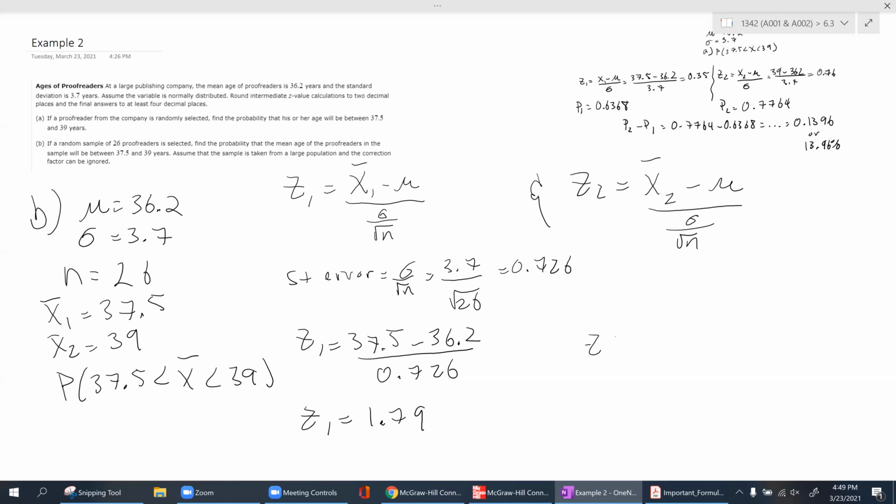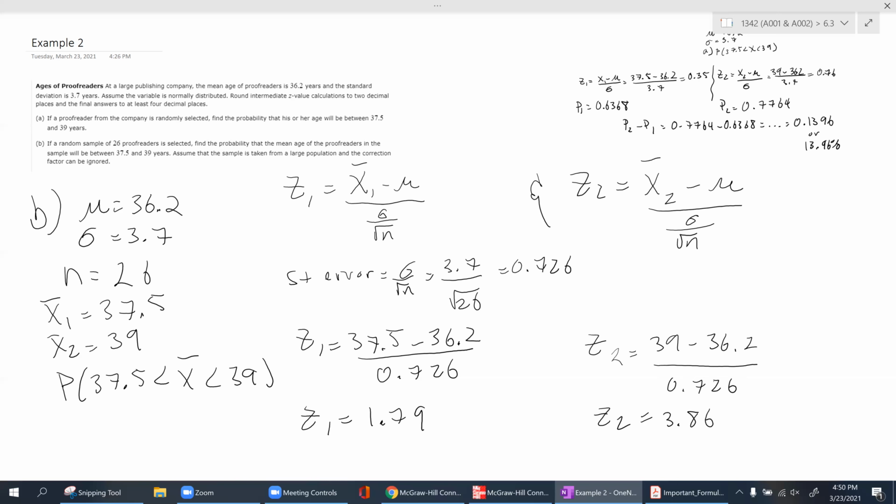I already know my standard error. The only thing that's going to differ here is my X bar 2. This is going to be 39 minus 36.2 all over 0.726, meaning Z2 would be 3.86.